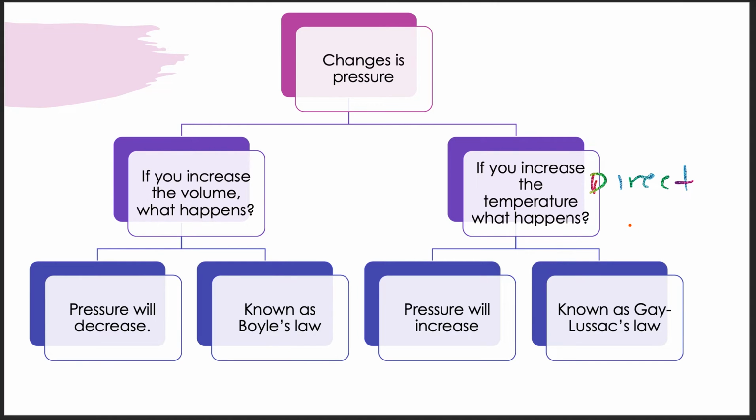Okay, so what that means is as pressure increases, our temperature is also increasing. So if we were to do pressure and temperature, it would look something like this. It would be a straight line going up. Okay, that's Gay-Lussac's law.